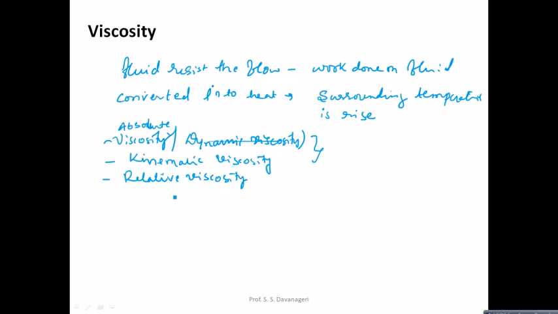Now this absolute viscosity may be defined as the force required in a plane surface having a unit area, or another plate, with unit velocity, separating the plates by unit thickness of fluid layer.